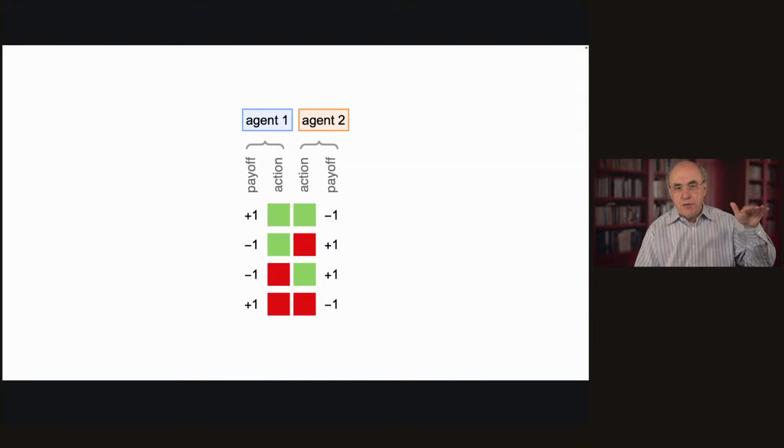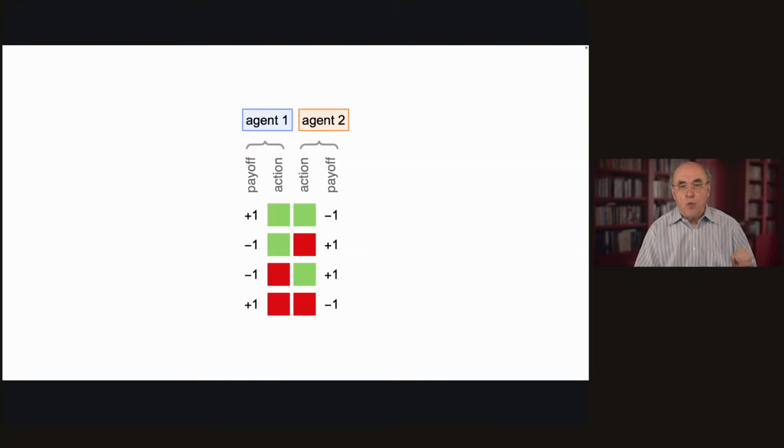So two greens, player one gets payoff +1. A green and a red, agent two gets payoff +1, agent one gets payoff -1. So that's the setup.